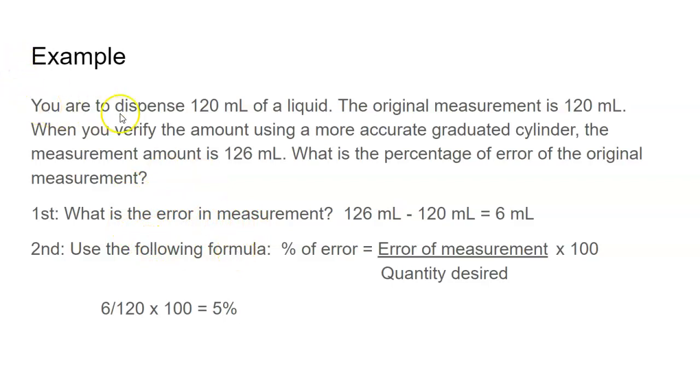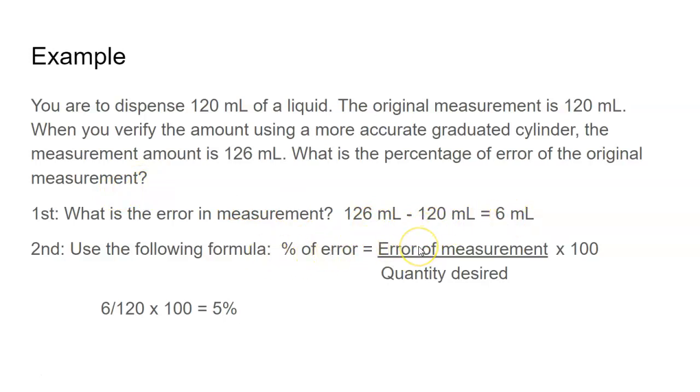So you dispensed 120 milliliters of liquid. The original measurement was 120. When you verified the amount using a more accurate graduated cylinder, the amount was 126. What is the percentage of error of the original measurement? So what is your error of measurement? 126 minus 120 equals 6. So we want to put it in this formula.